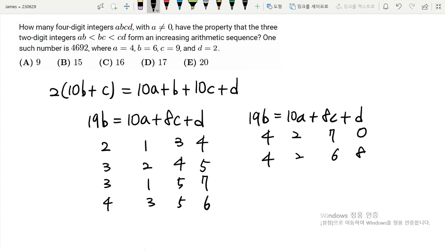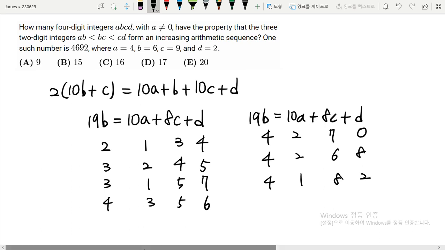And then how about the value of A is 1 when B is 4? So I think that's enough for the number 4 in B.